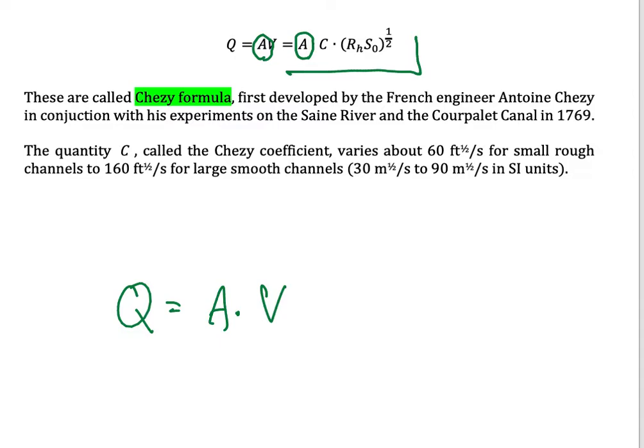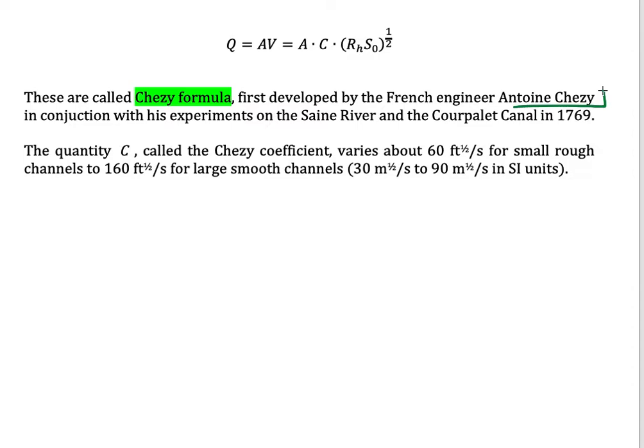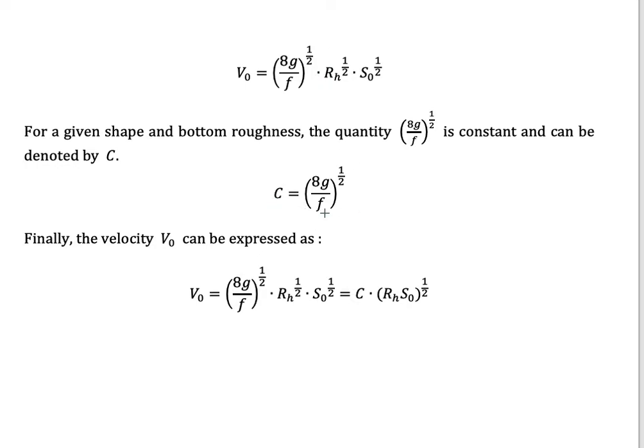This equation was derived by a French engineer called Chezy. He used this equation to simulate and do experiments on the Seine River in France in 1769. The value of C here, as I said, is the roughness, the behavior of the conduit, because in this equation C consists of gravity and f, and f comes from the roughness of the conduit.